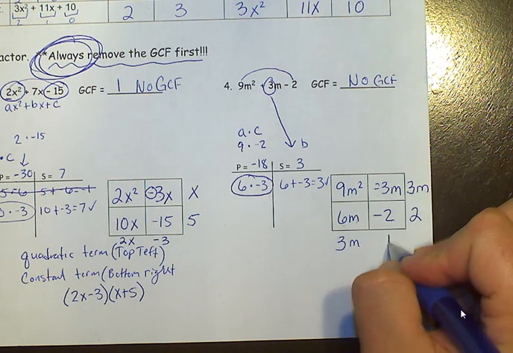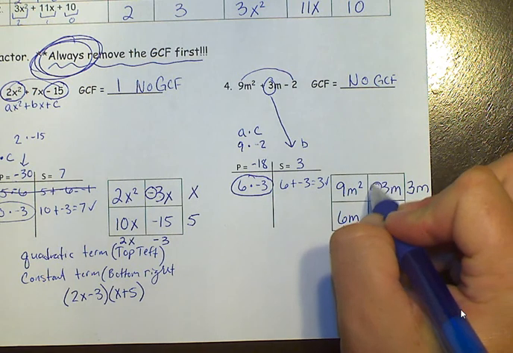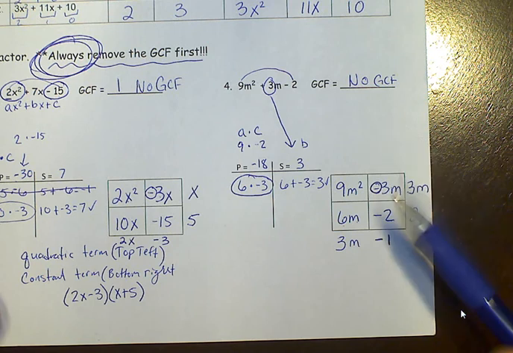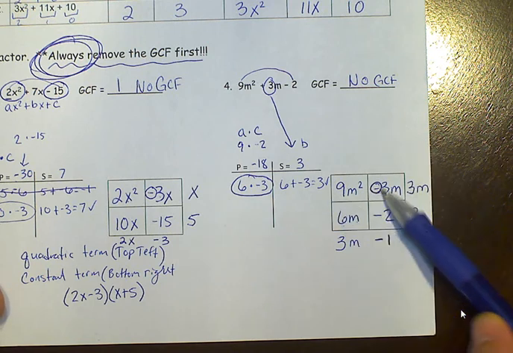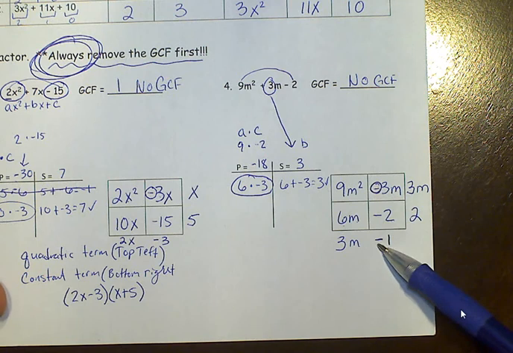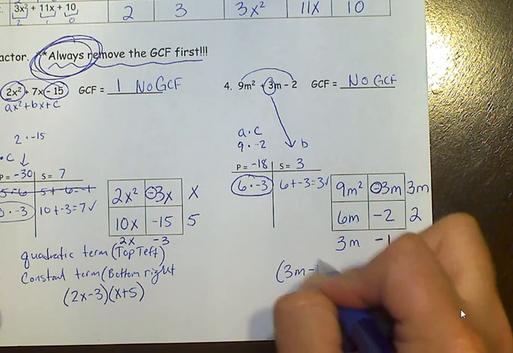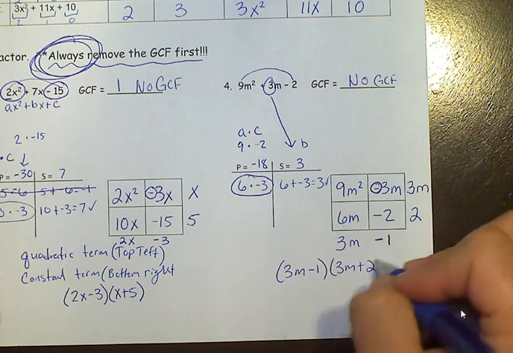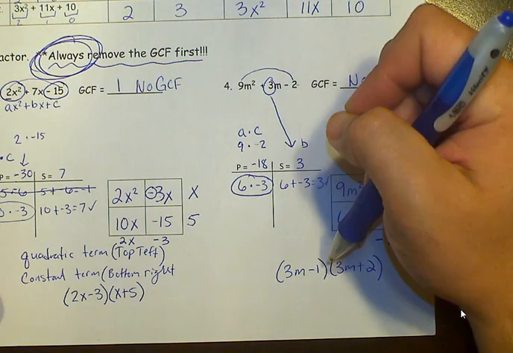I need to write that 1. But since this is negative, I also need to take out a negative 1. Remember, I said anytime going left to right, if the first term is negative, I have to take out a negative. So my answer would be 3m minus 1, 3m plus 2. If I'm not sure, I can FOIL this, and if I get this as my answer, then I know it was correct.